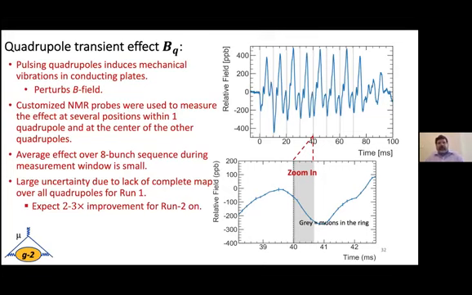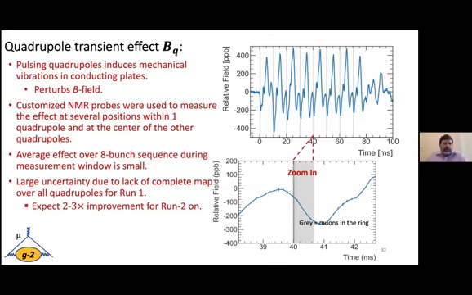And so we basically have to power the quadrupoles off when we don't have muons present. And so this is why we're pulsing the system, and it ends up inducing mechanical vibrations in the quadrupole plates. And so the issue then is you have moving metal parts inside of a magnetic field, which is then going to generate a magnetic field, which then distorts the field that we're using for measuring the physics.